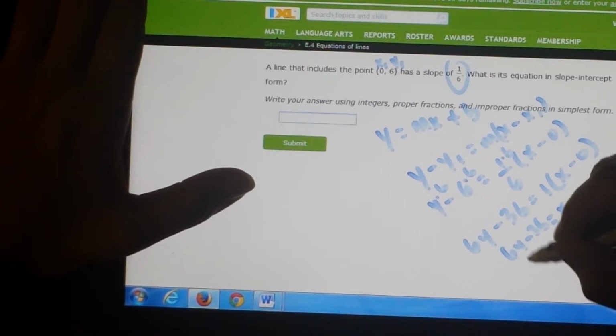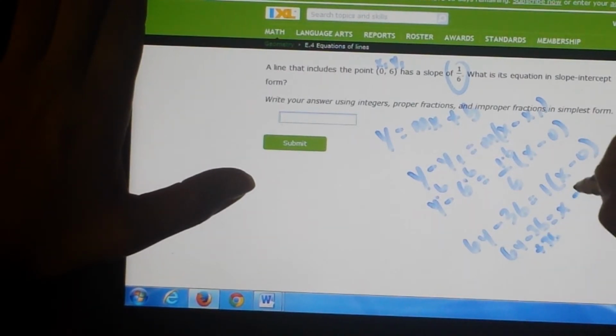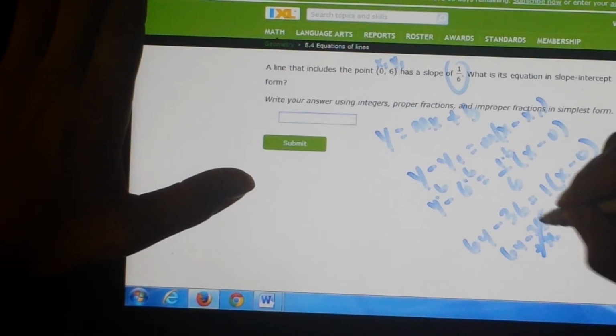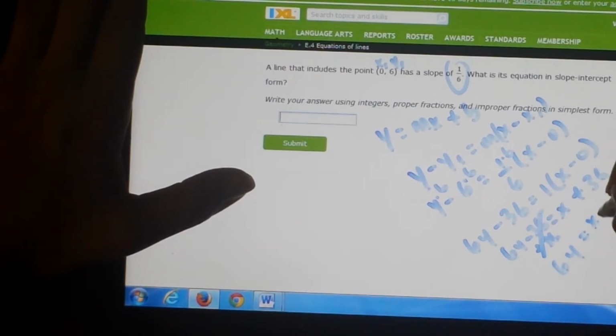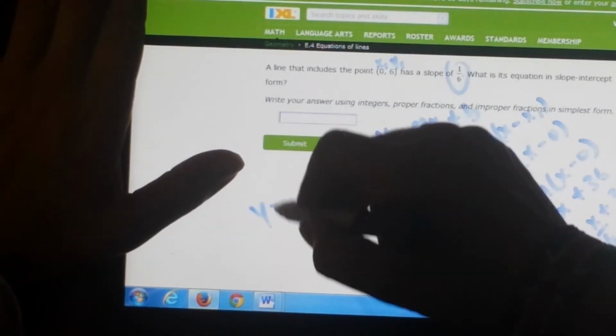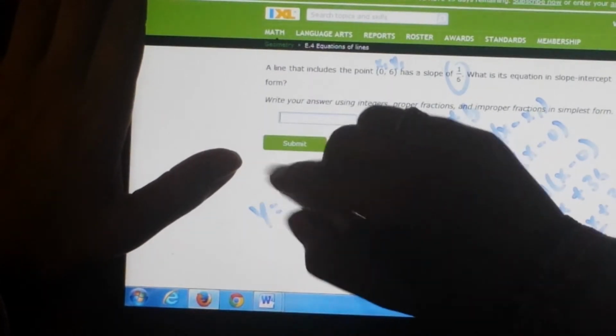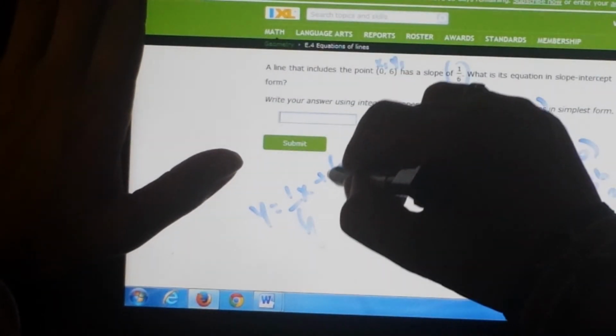So I'm going to add 36 to both sides. That goes away, 6y equals x plus 36, divided by 6. You're going to get y equals 1 over 6 x plus 36 divided by 6 is 6, plus 6.